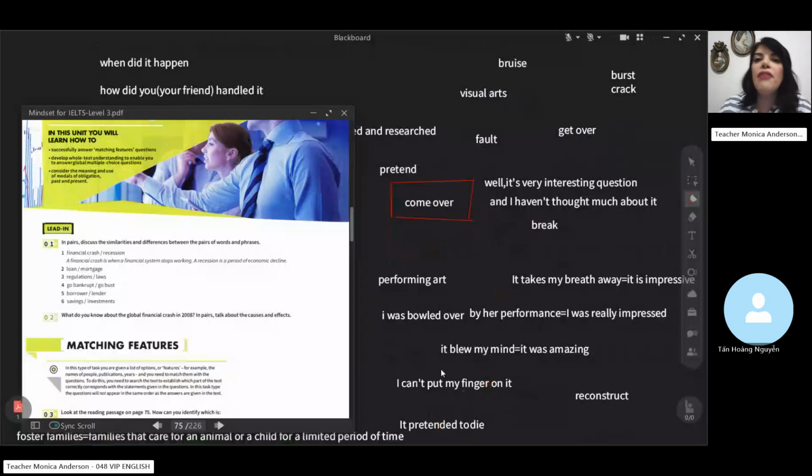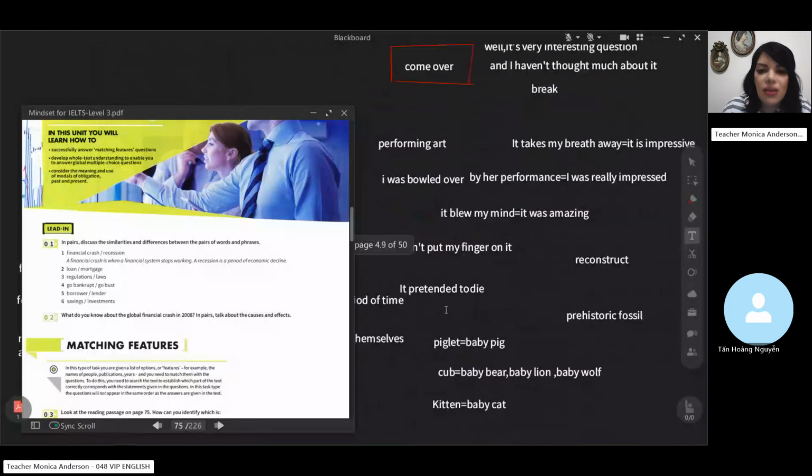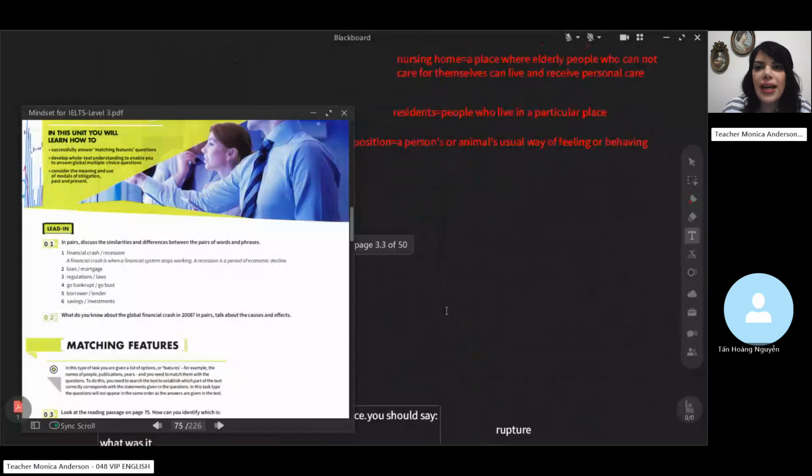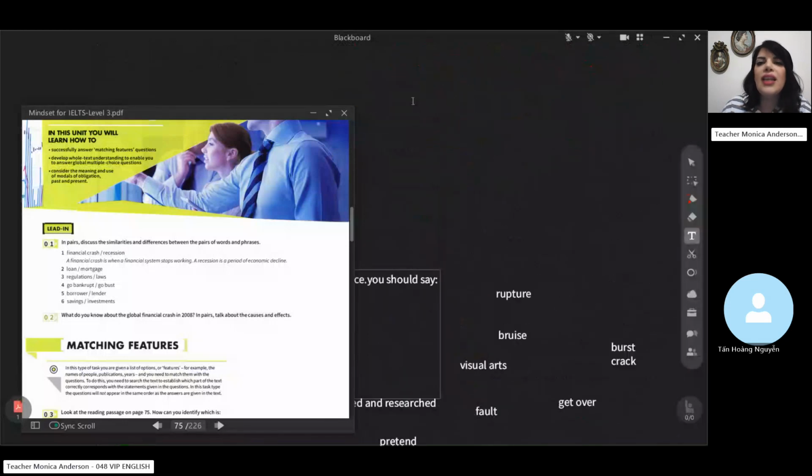Just pay attention. Let me find somewhere to write. Here is good. So, come over, overcome. Most candidates make mistakes while using these two phrasal verbs.